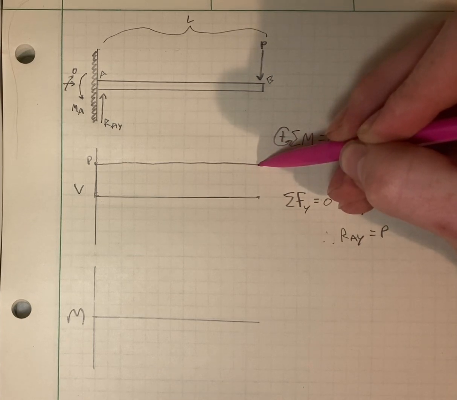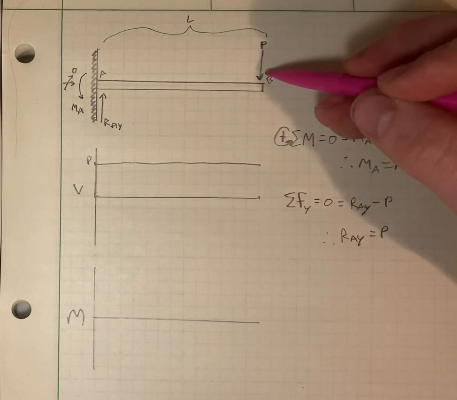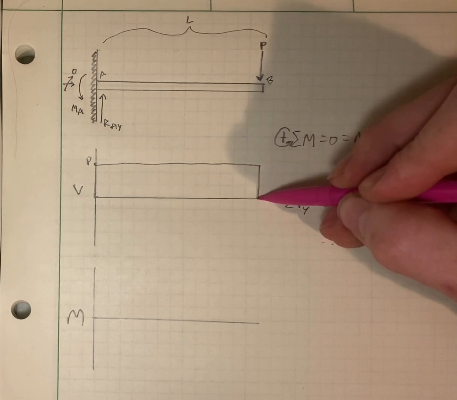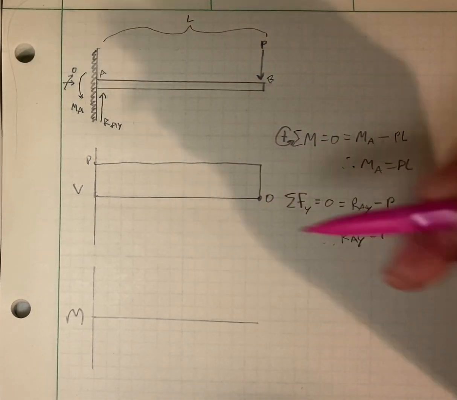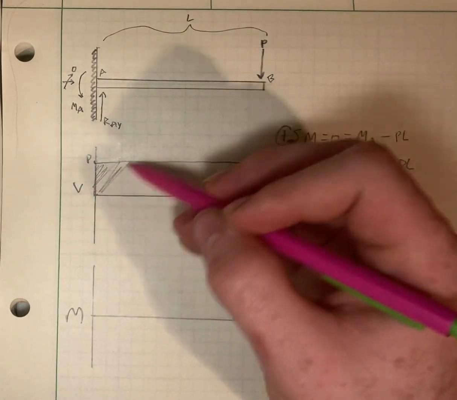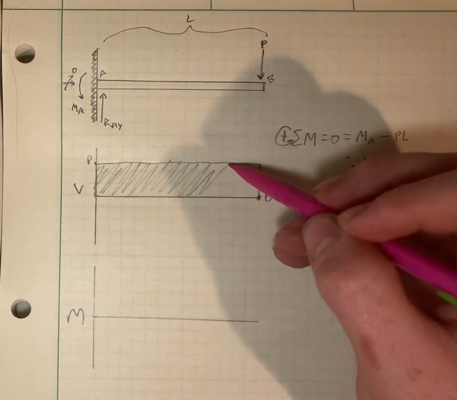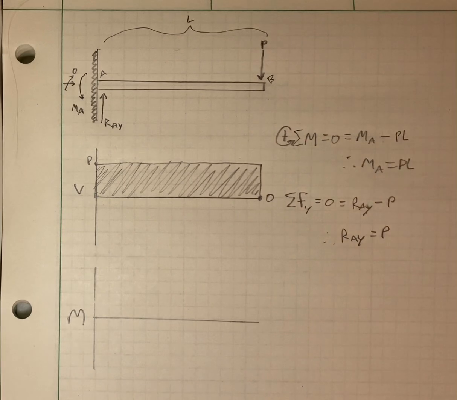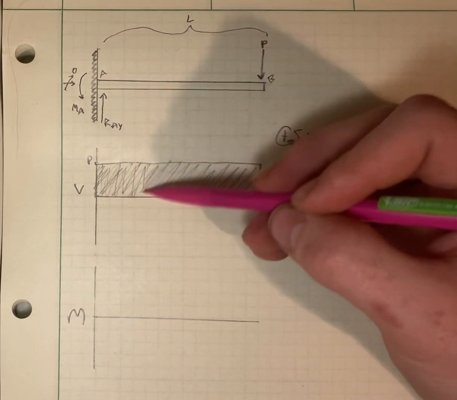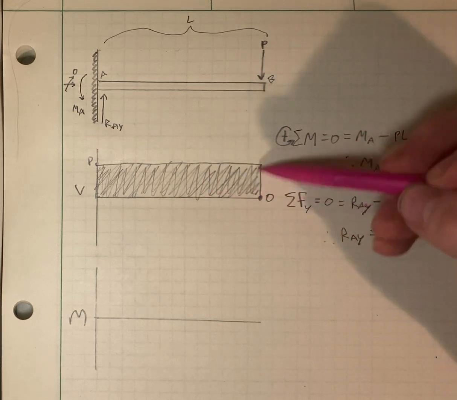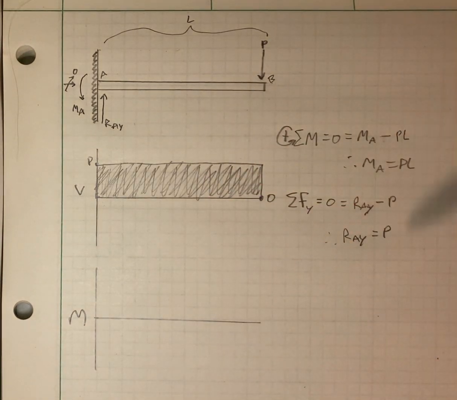We get another force, right? And it's P, but this time down. So it's going to go back to 0, which is great. We need them to end up at 0. That's very important. Always make sure they end up at 0. If not, then something went wrong. And I shaded it in just to make it look nice. You can tell where the axis is better that way.